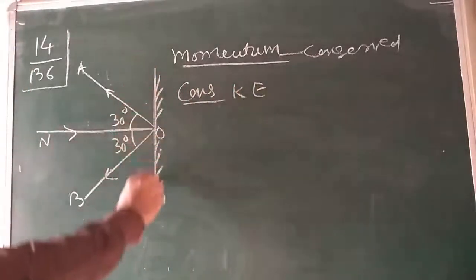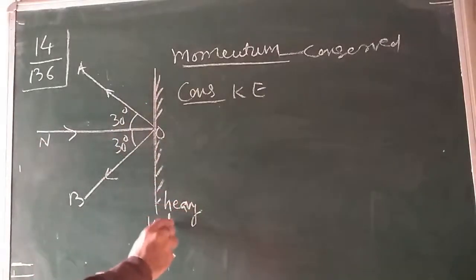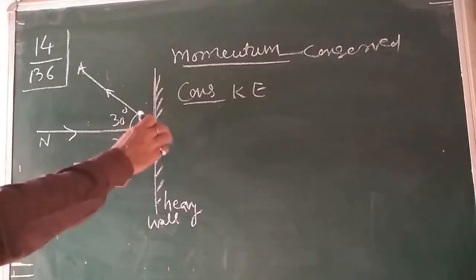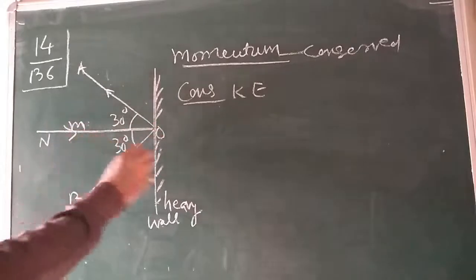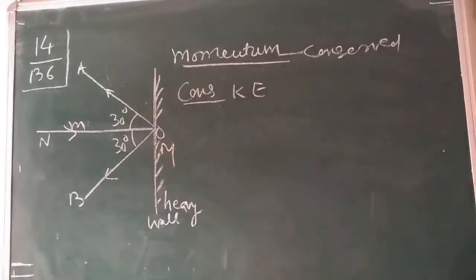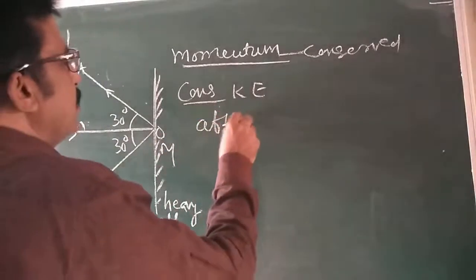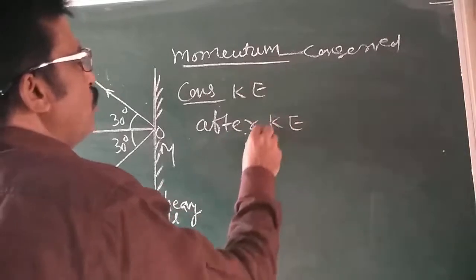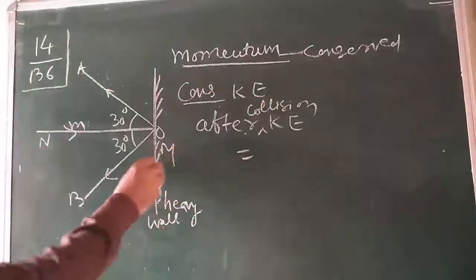As this wall is too heavy, here is the wall. The recoiling molecule produces no velocity in the wall. If m is the mass of the gas molecule, capital M is the mass of the wall, then the total kinetic energy after collision, what is the total kinetic energy after collision?